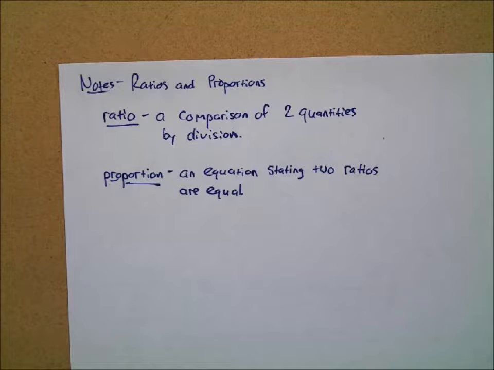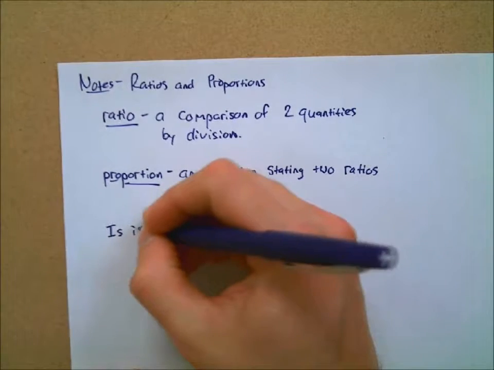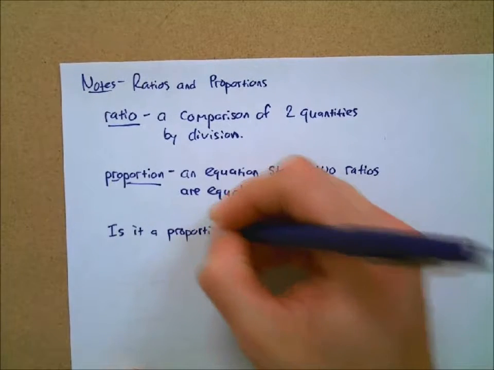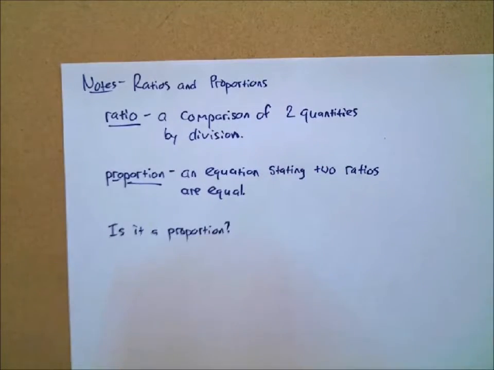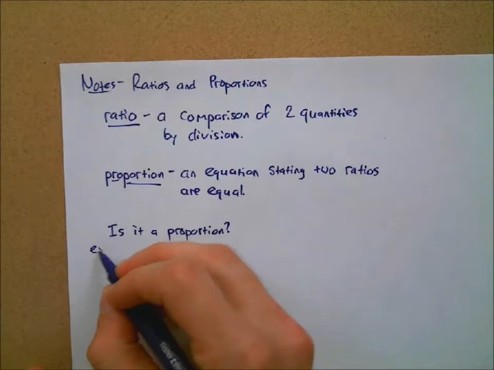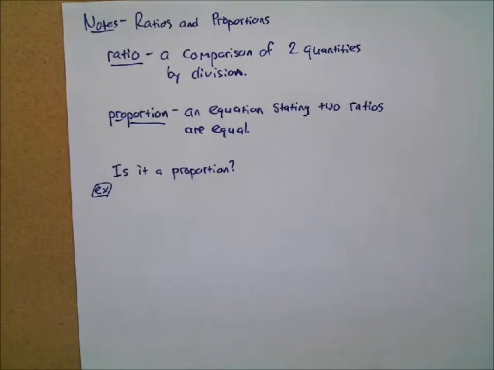So, is it a proportion? That'll be our first little question here. We'll do two of these. Is it a proportion? That's the question we want to answer here. I'll give an example. The question is, is it a proportion?